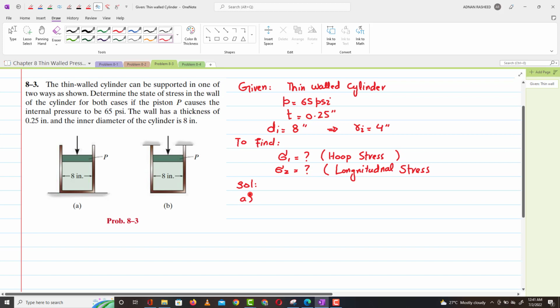So for case A, you can see that the hoop stress, sigma 1, is equal to P into R divided by T. P is 65 psi, inner radius is 4, divided by T which is 0.25, and that comes out to be 1.04 ksi.